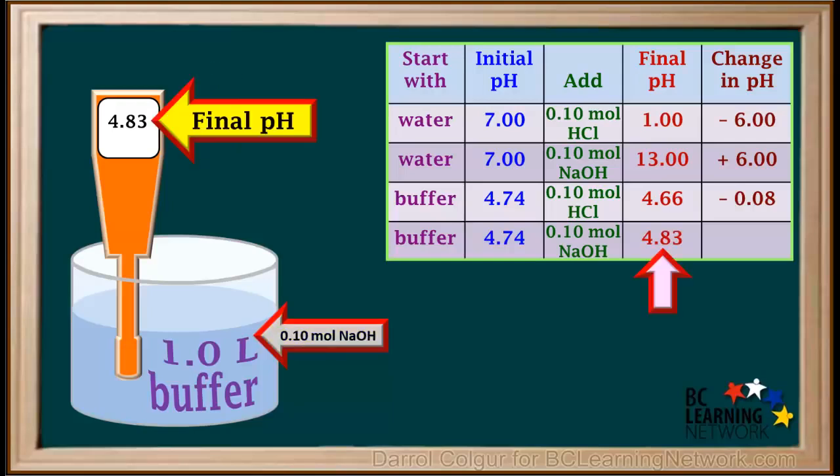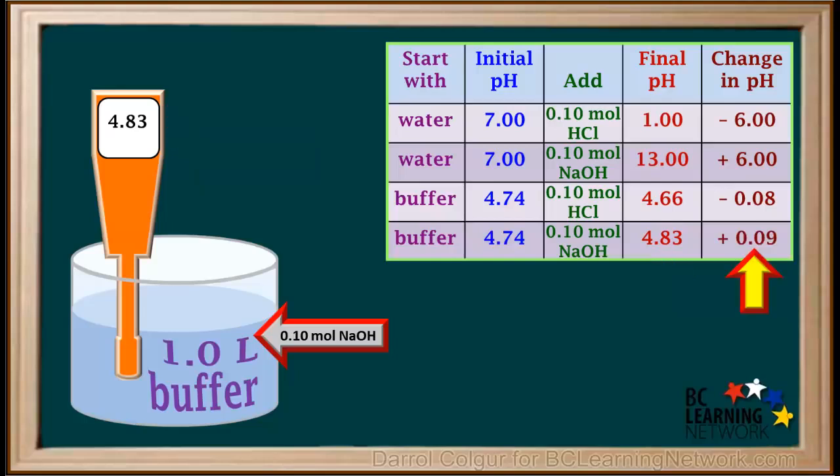As a result of adding the base, the pH rose slightly to a final value of 4.83. The pH started at 4.74 and rose to 4.83, so that is an increase of only 0.09, which is a very small increase.